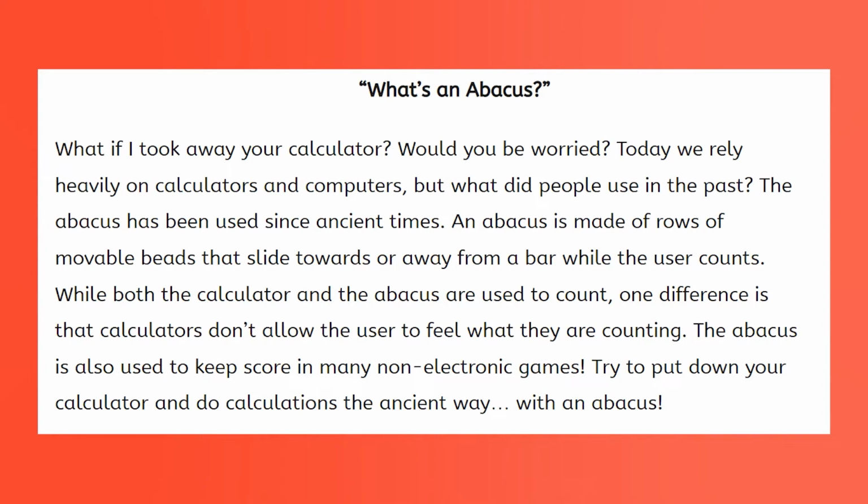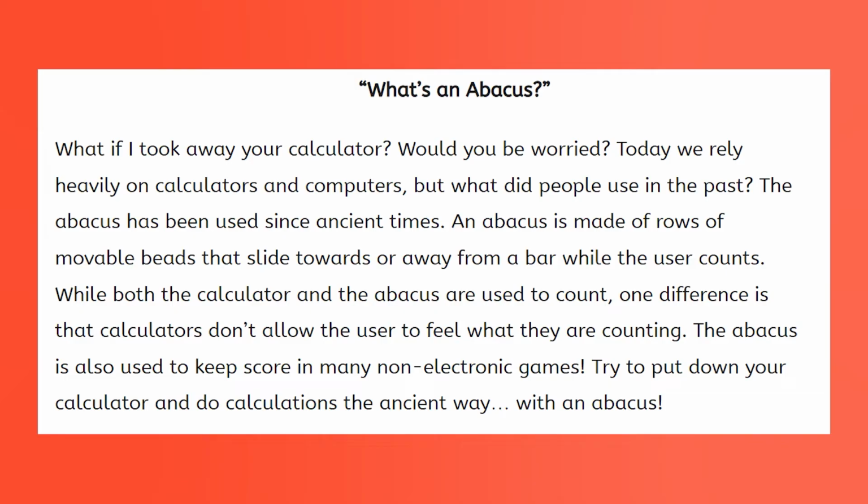Remember, we're going to identify the author's purpose, the structure of the text, and the supporting details. What's an abacus? What if I took away your calculator? Would you be worried? Today, we rely heavily on calculators and computers, but what did people use in the past? The abacus has been used since ancient times.